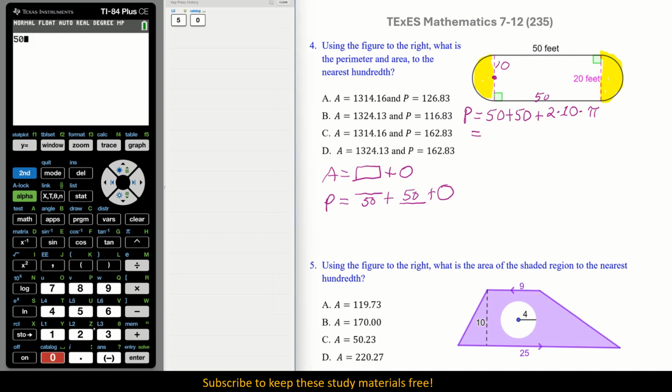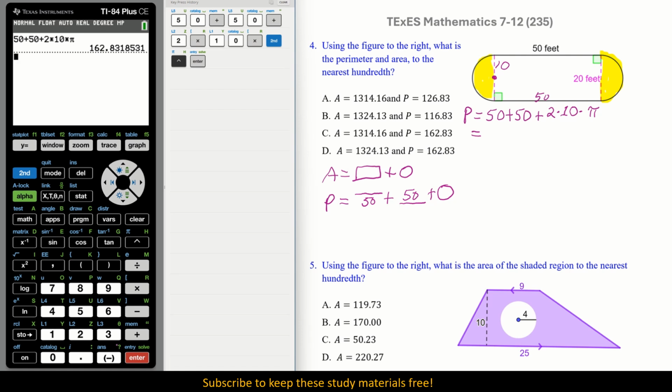Okay, so we have 50 plus 50, and then plus, because all of those are multiplied together, I really don't need parentheses, so I can say 2 times 10 times second, carry it up. Exactly how we have it, and that gives us, now be careful with the numbers.